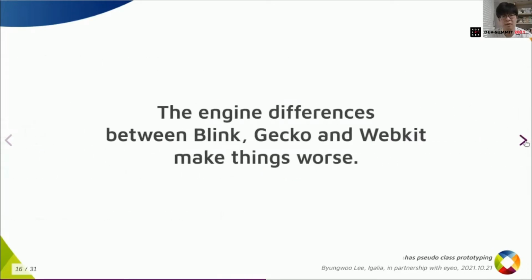The worst thing here is that each browser engine has its own designs and optimizations for the invalidation process. So it is difficult to get a single general solution for all browser engines.